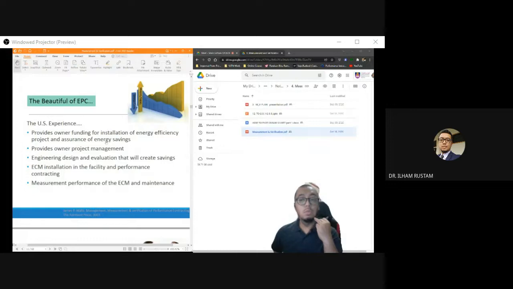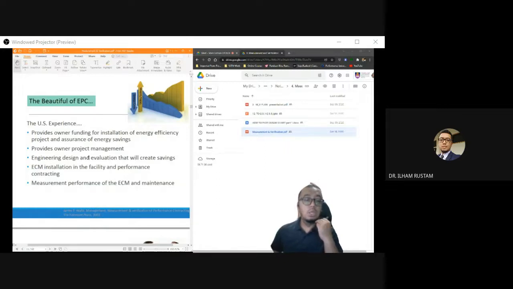So it's a huge bonus, because without even spending ringgit and cents on the project, they are able to save on the electricity bill. And they have their own project management, which provides owner project management. So the ESCO is the one doing the project management for the building owner. That means the owner doesn't have to concern themselves with any issues with deliverability.